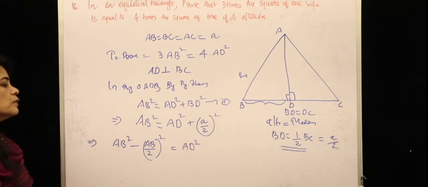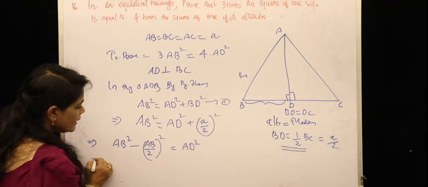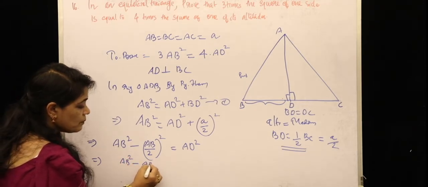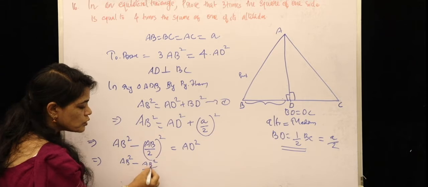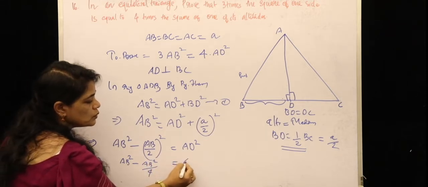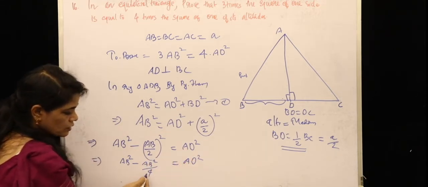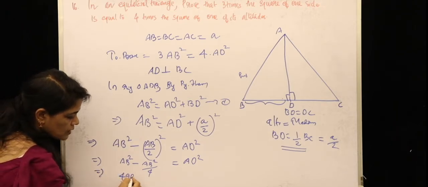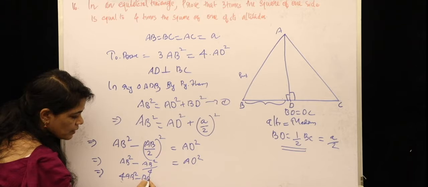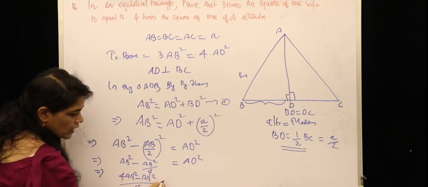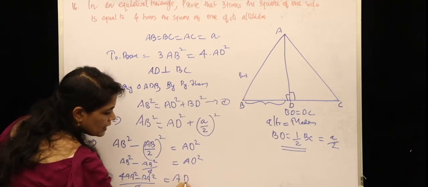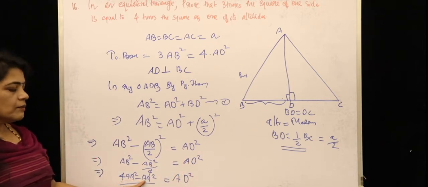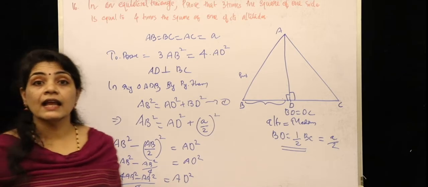So here you will get AB square minus AB square by 4, 2 square is 4, equal to AD square. Now the cross multiplication, 4AB square minus AB square by 4 equal to AD square. What is it, children? 4AB square minus AB square is 3AB square.